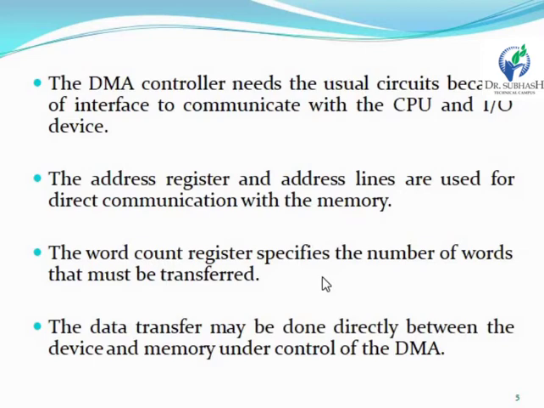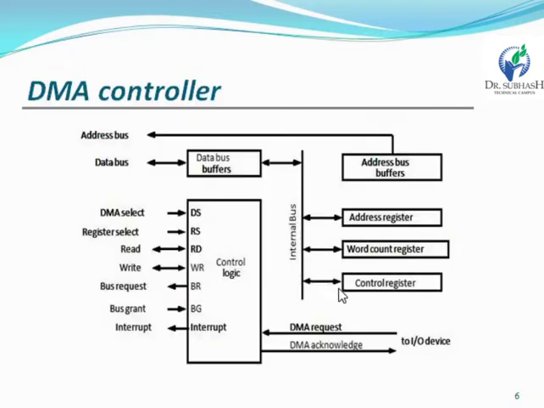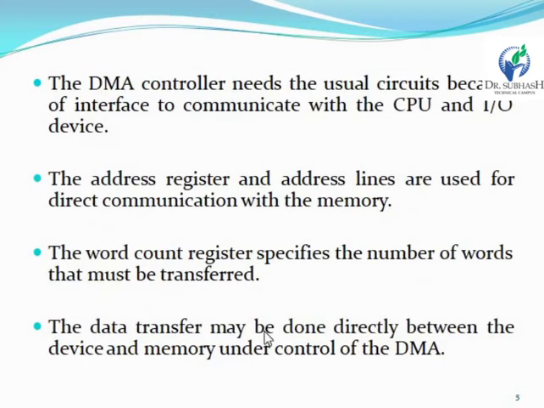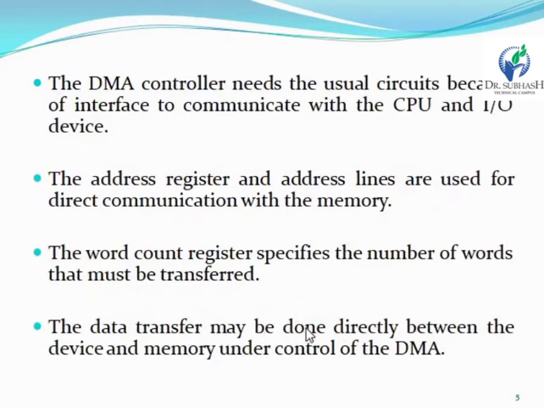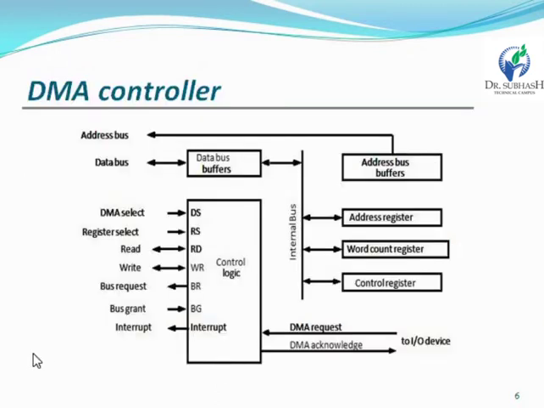It means how many words we can transfer. Then the control register controls the data transfer, which may be done directly between the device and memory under the control of the DMA. So these are the registers we can show.